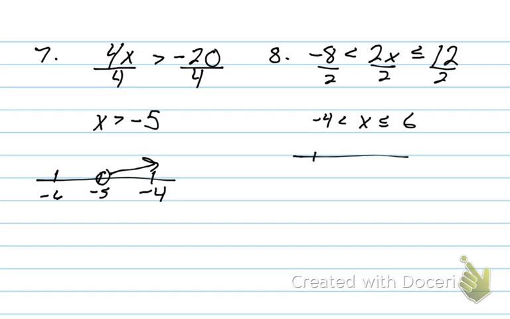What number goes on the right? 6. Open or closed dot on negative 4? Open. What about 6? And then a line connecting them in between to show, okay, just to kind of darken it up. Basically what we're saying is only the solutions in this range would make the compound inequality true.